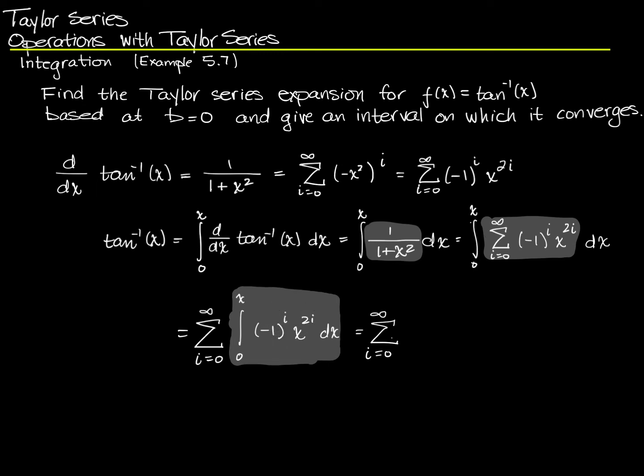So what is the integral of negative 1 to the i times x to the 2i? Well, when you integrate, you bring the constant out front. So I'll just put that there. And notice that we're integrating with respect to x. So I have x to the power of 2i. When I integrate that, I get x to the power of 1 more than that. But then I have to divide by that new power.